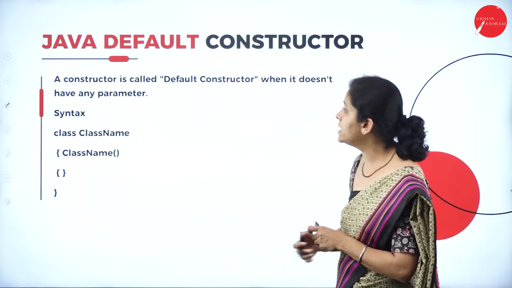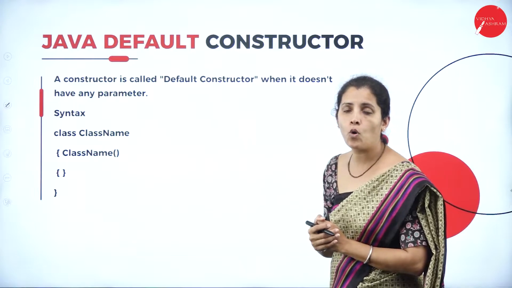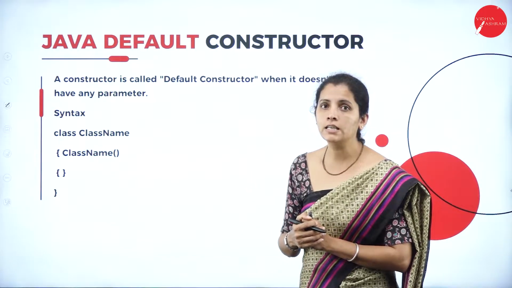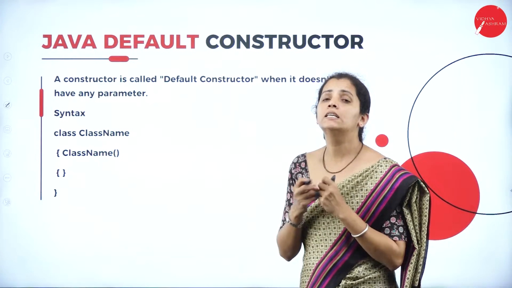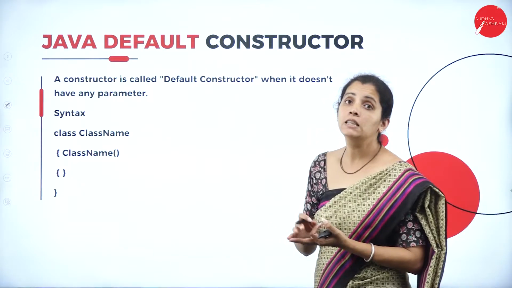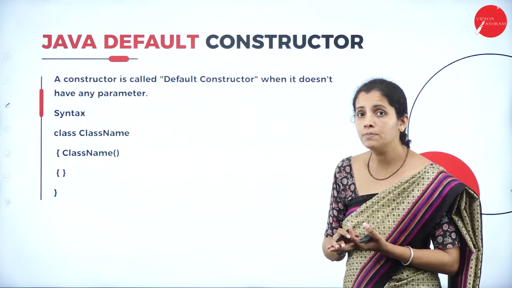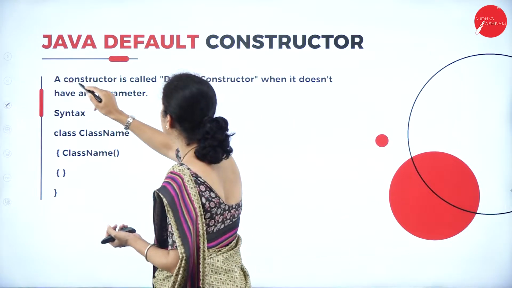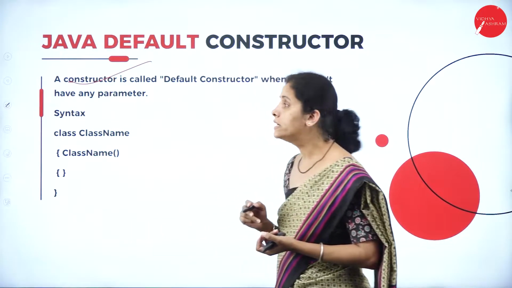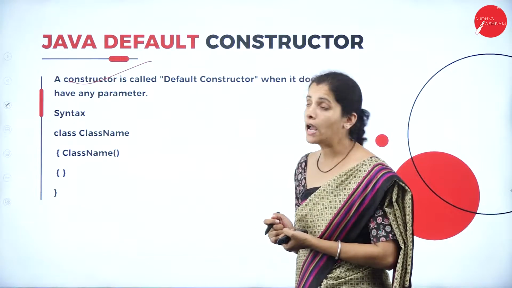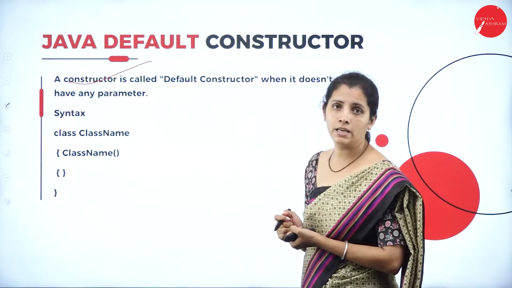Now, dear student, let me explain what a default constructor is. A default constructor does not have any argument, and the class name must be the method name. A constructor is called a default constructor when it does not have any parameters.